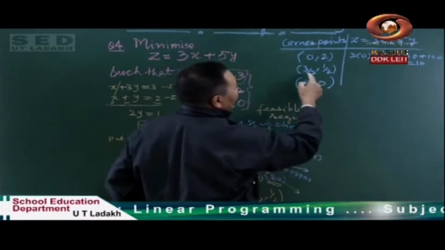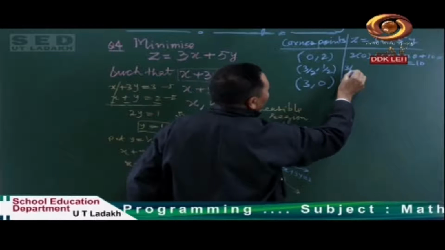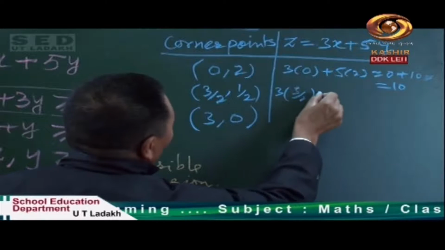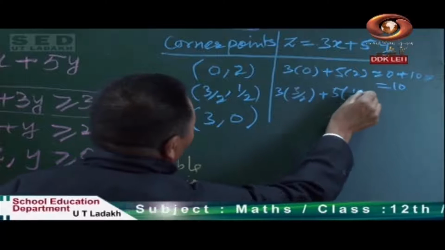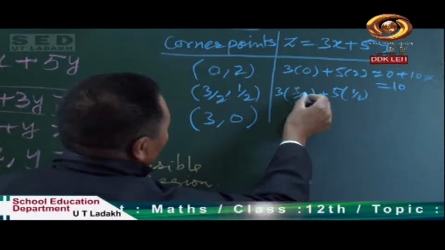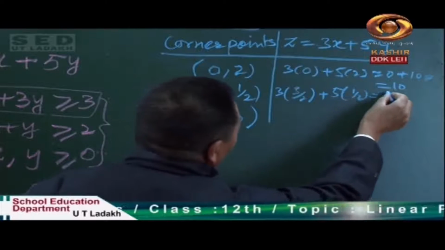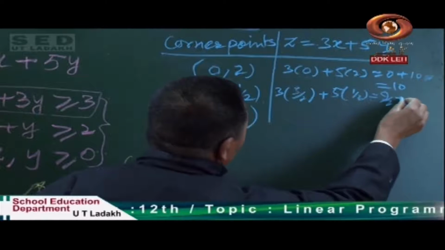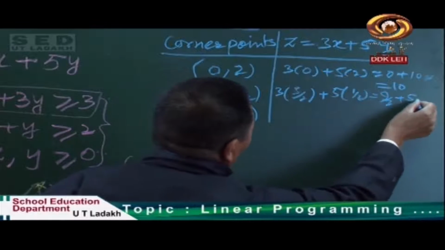Here it will come 3 into 3 by 2 plus 5 into 1 by 2. 3 into 3 is 9, so 9 upon 2 plus 5 upon 2.